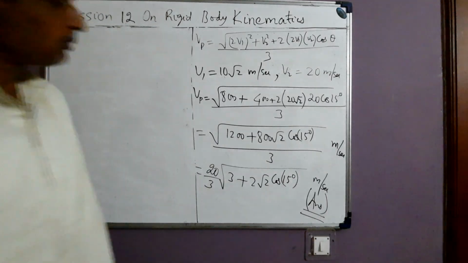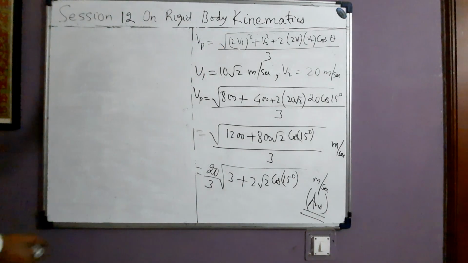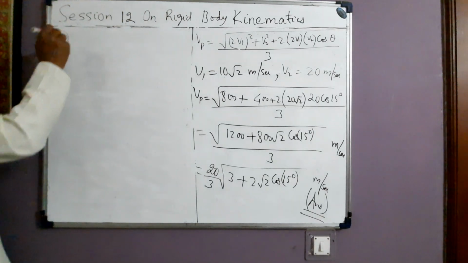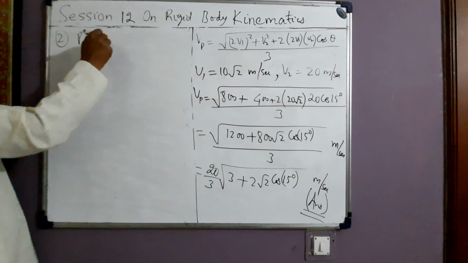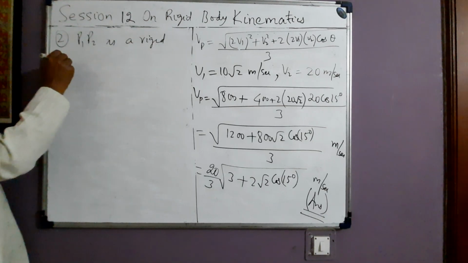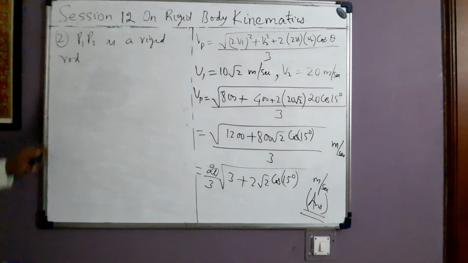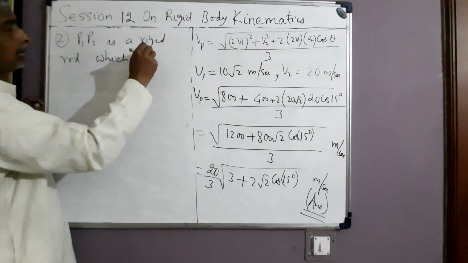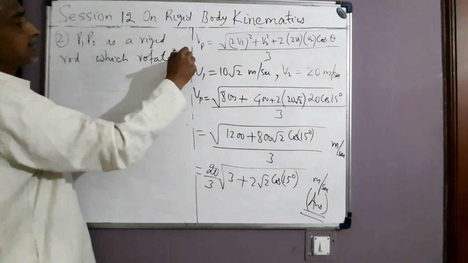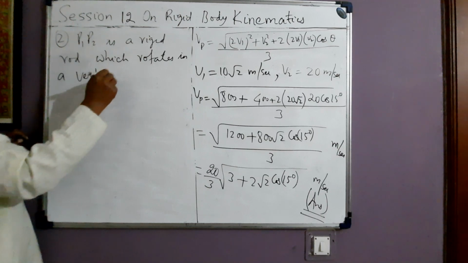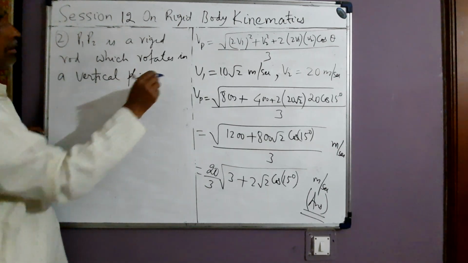So I'll take up one more problem based on this concept. Question 2 is this. P1 P2 is a rigid rod which rotates in a vertical plane as shown.